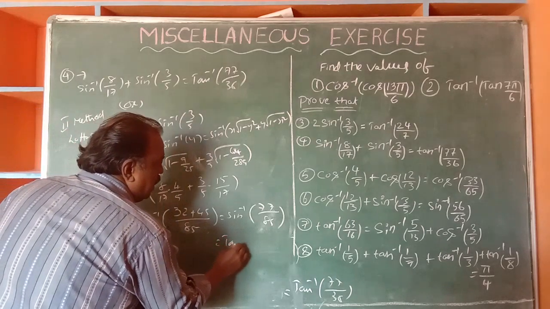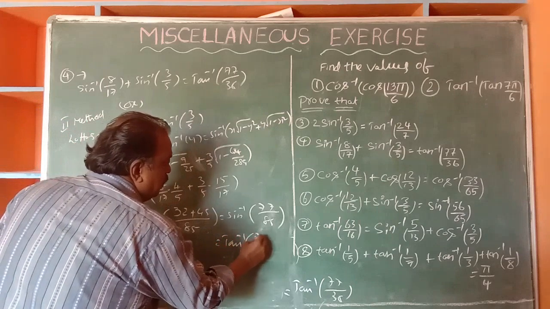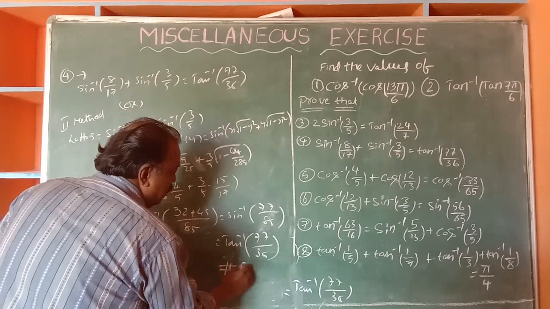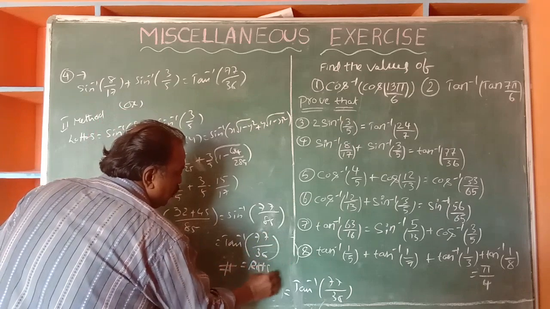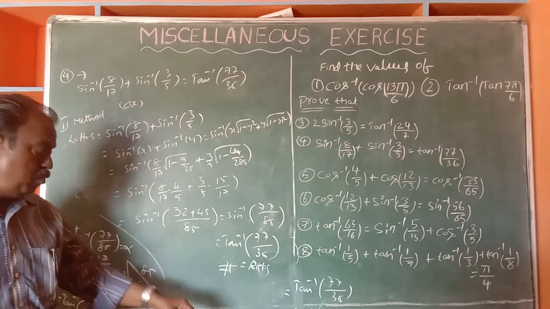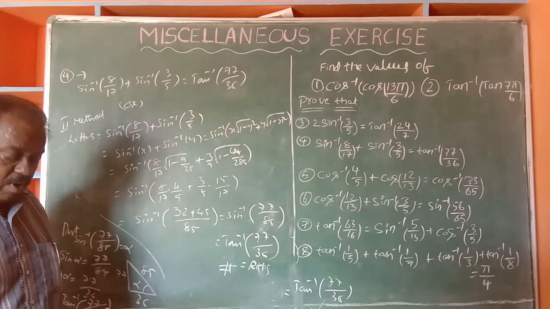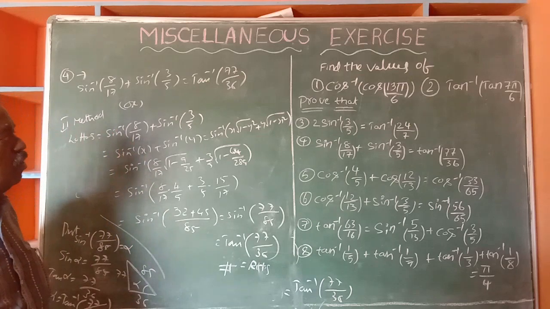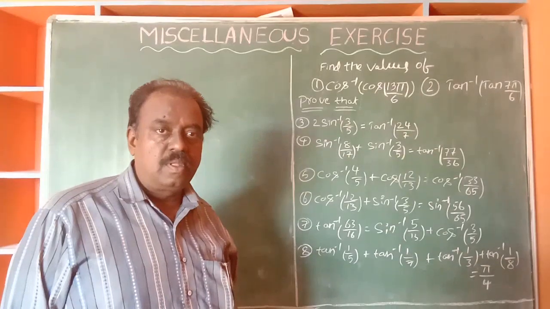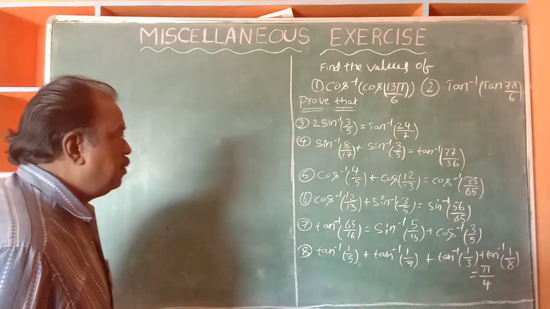So we can write it as tan inverse 77 by 36 also. That is nothing but RHS. Okay now, like this we can also prove it. Whatever the method, you have to follow. Okay? Fifth problem.